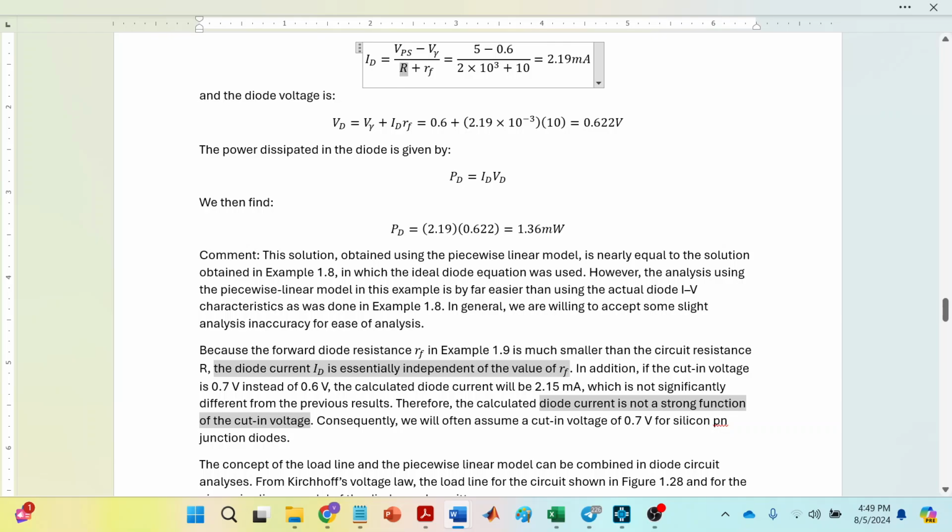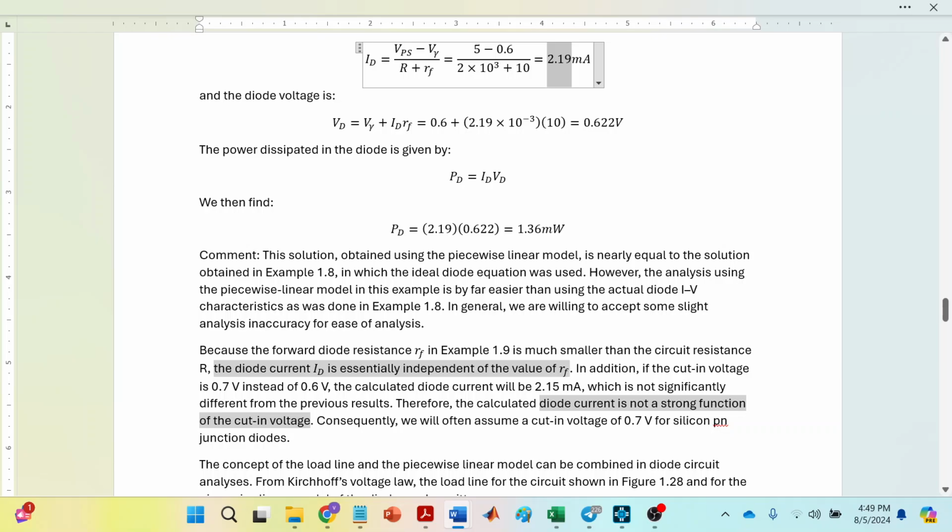Then we also say that the cut-in voltage, in this example the cut-in voltage was 0.6 volts, so if we had changed it to 0.7 volts, we would have arrived at a current of 2.15 milliamp.